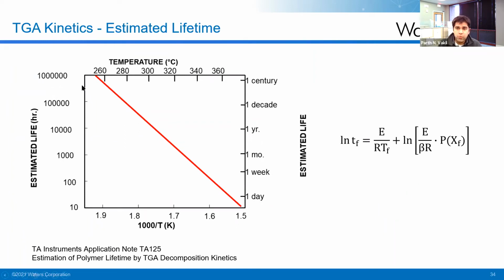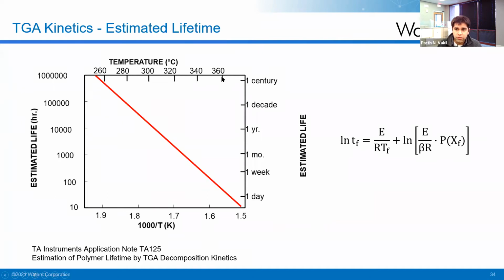And the way you do that is, and we'll talk about that, but the way you do that is you basically are looking at the decomposition of the material at different temperatures. You're trying to apply Arrhenius kinetics to get an activation energy for decomposition, and then try to predict how long this material is going to last as a function of temperature.